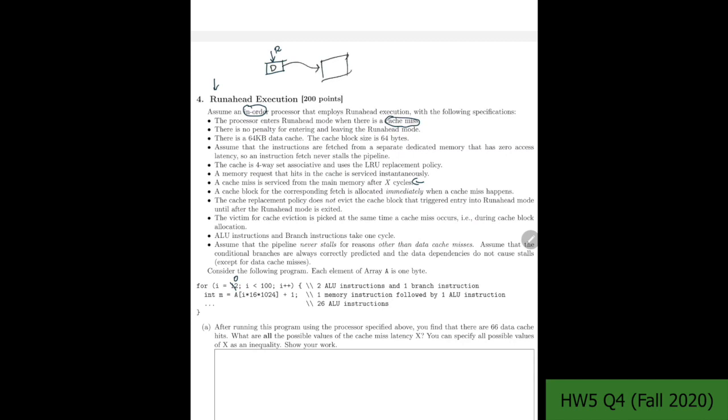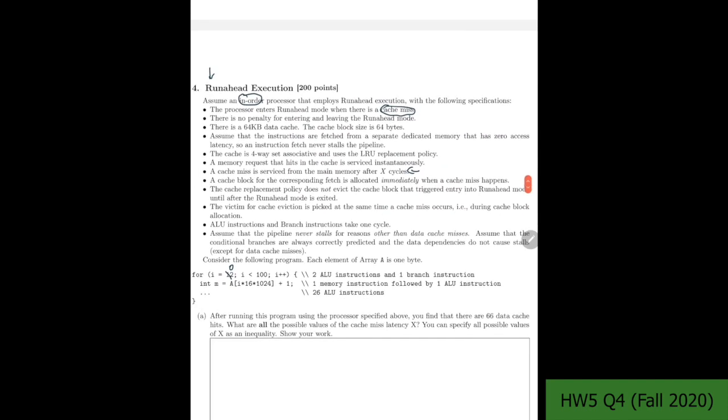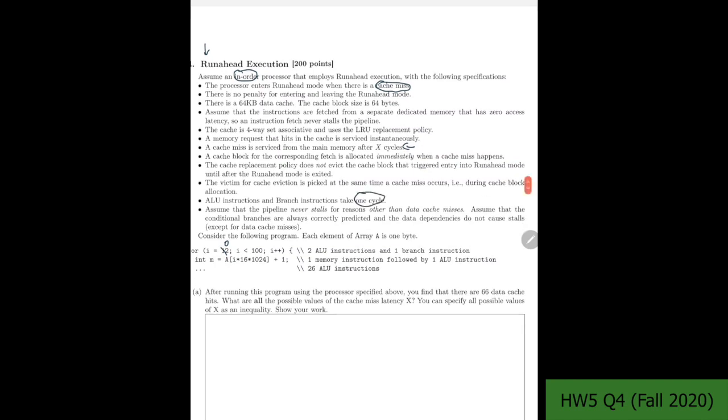So a prefetched block from Runahead cannot evict this data block. The victim for cache eviction is picked at the same time as a cache miss occurs. Okay, this is critical. ALU instructions and branch instructions take 1 cycle. That's important. And the pipeline does not stall for any reasons other than data cache misses.